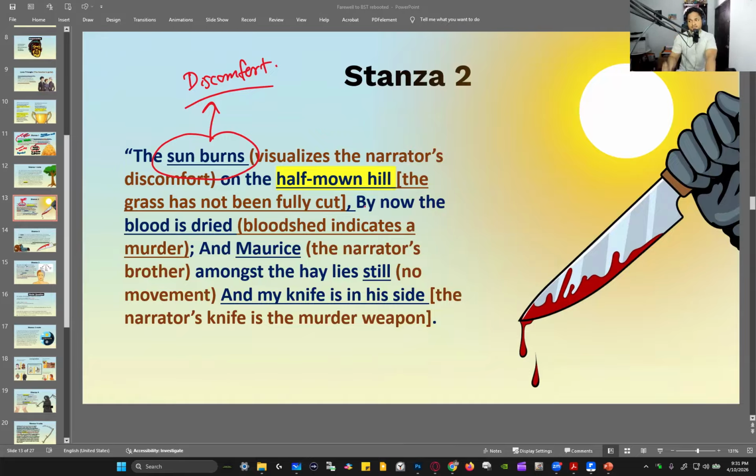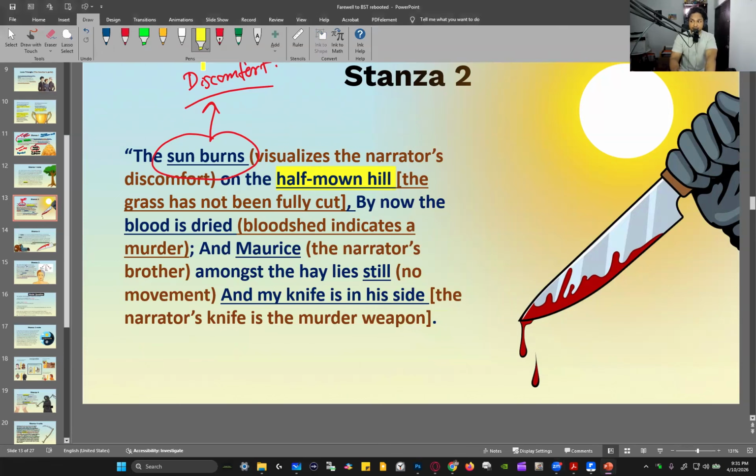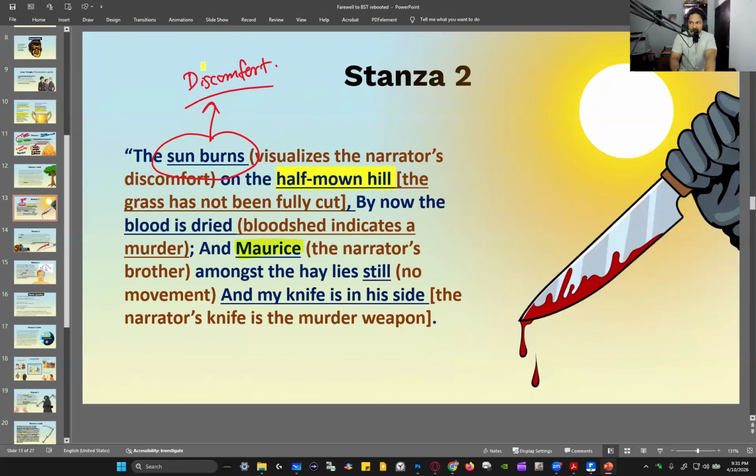The sun burns on the half-moon hill. By now, the blood is dried. Whose blood is this? Maurice's blood. And Maurice amongst the hay lies still. Maurice is not moving, right? Why is Maurice not moving, Sadinsa?